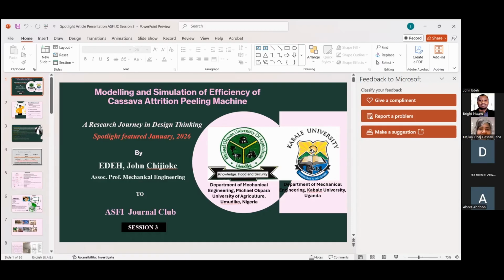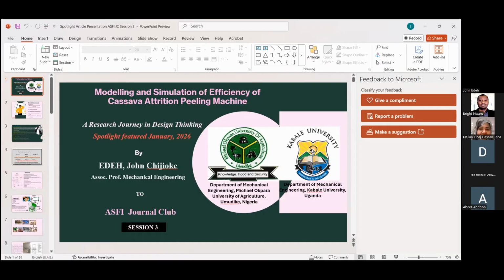What dominated before now is manual peeling, and this manual peeling cannot meet the huge demand for cassava products. Peeling is a must-do operation before you can process cassava into any other product.